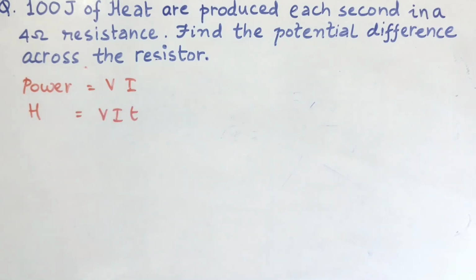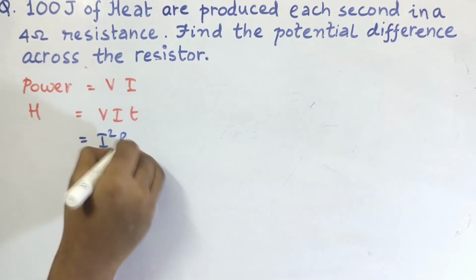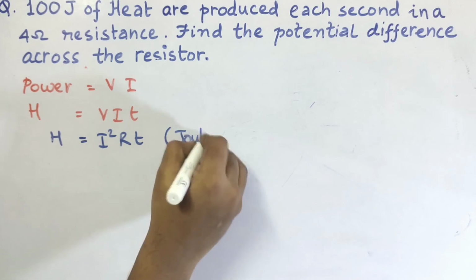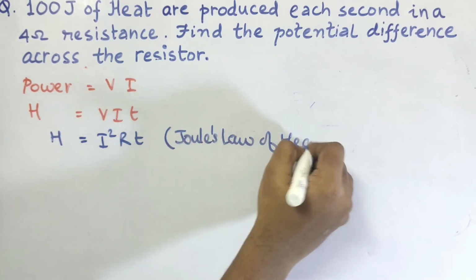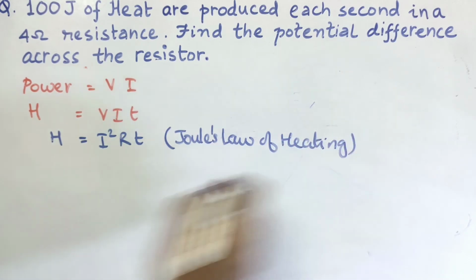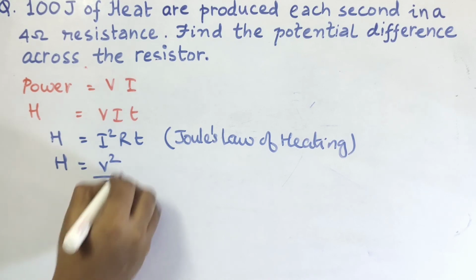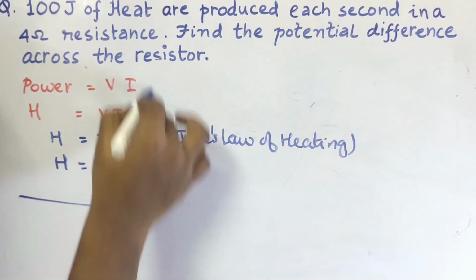Also we have seen another expression, that is I square RT, which is also called Joule's law of heating, and heat is equal to V square by R into T when the potential difference across the conductor is kept constant. So these are the different formulae which we have studied today.